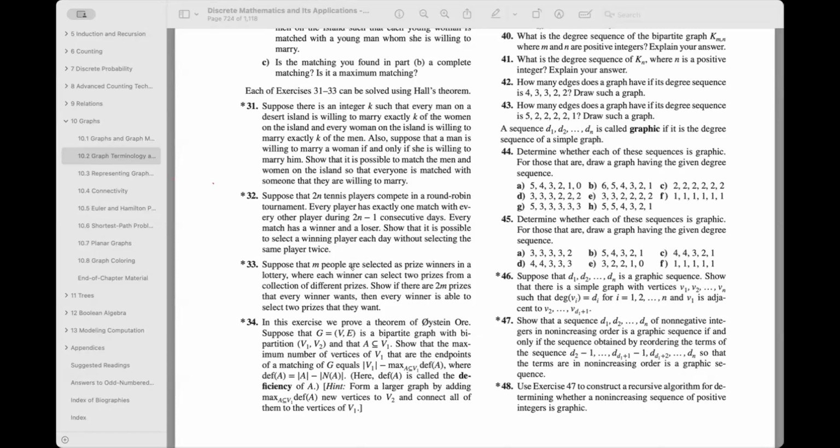So since it's greater than or equal to K, let me model this out for a bit.